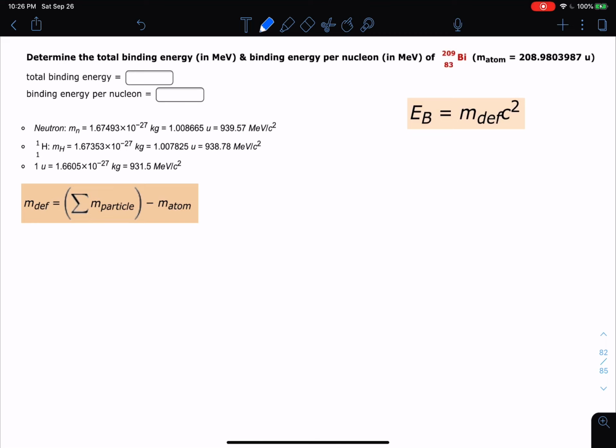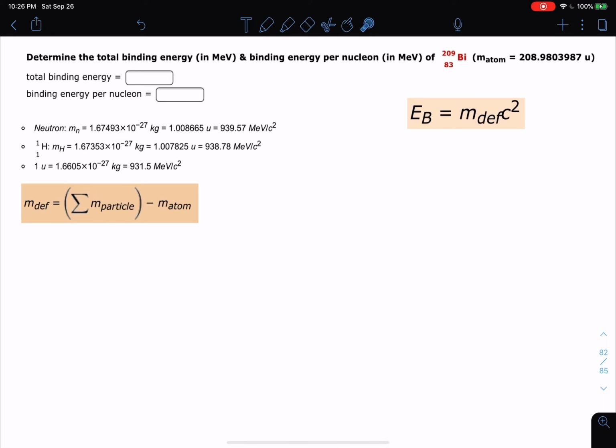That amount of energy is referred to as the binding energy, and the amount of matter that turns into energy is called the mass defect. So in this case, with bismuth 209, I've got to bring together 83 protons, 83 electrons, and 126 neutrons. Bringing those all together, some of that matter will be turned into energy. That energy is called the binding energy.